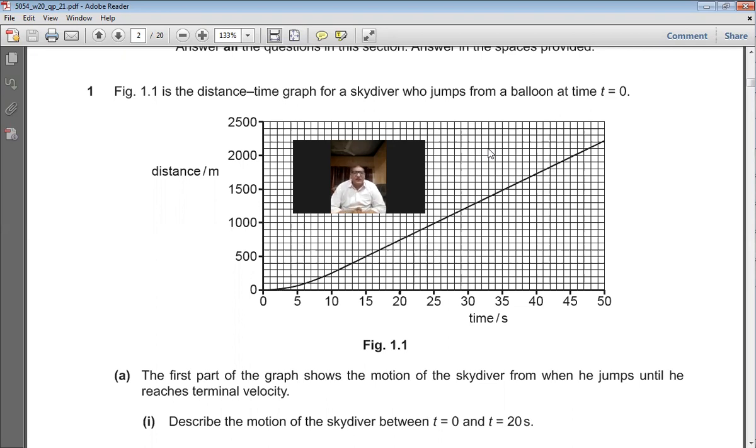The first part of the graph shows the motion of the skydiver from when he jumps until he reaches the terminal velocity. Describe the motion of the skydiver between t equals 0 and t equals 20 seconds. He is going to reach the terminal velocity after 20 seconds.